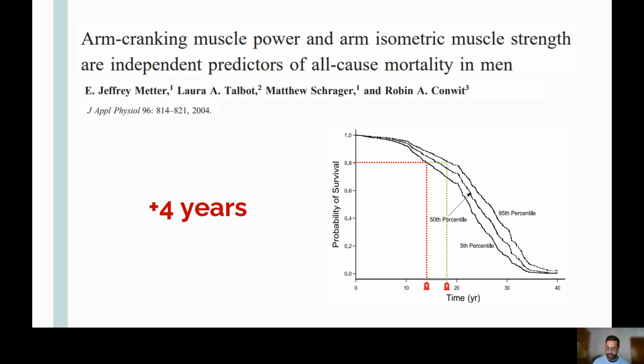And this is explained with 4 years less in survival. So having a low muscle power is related to having an increased risk and fewer years of living.